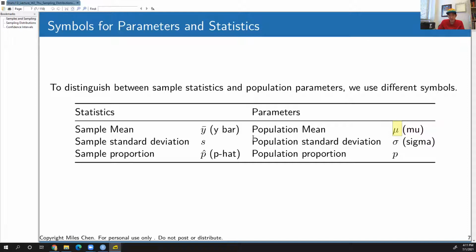It looks kind of like the letter U, but with a little tail in the front. The sample standard deviation is S, and the population standard deviation is sigma. The sample proportion is P with a little cap on it. This is called P hat, and the population proportion is P.